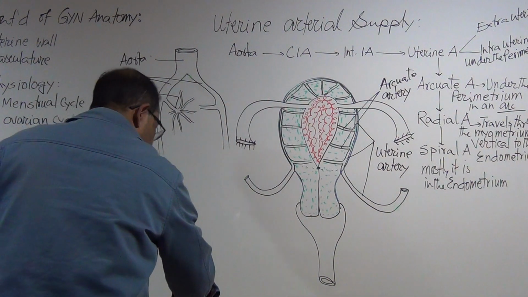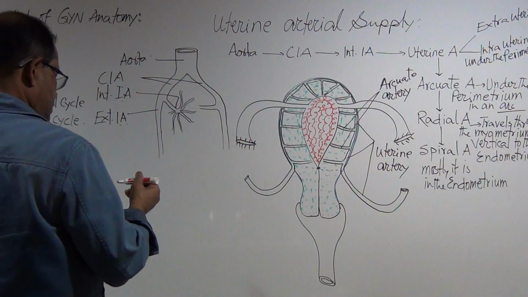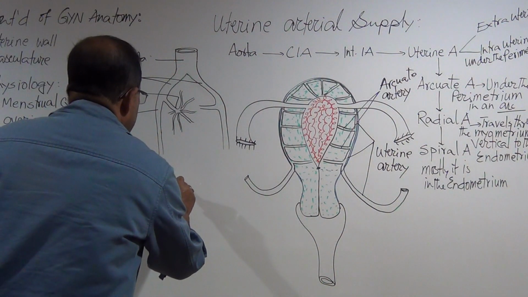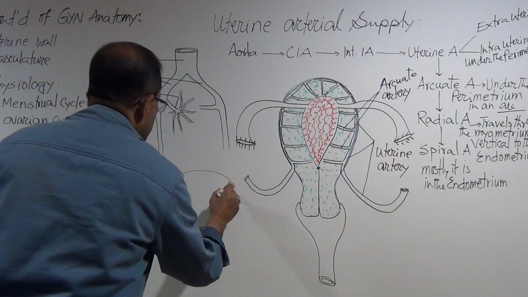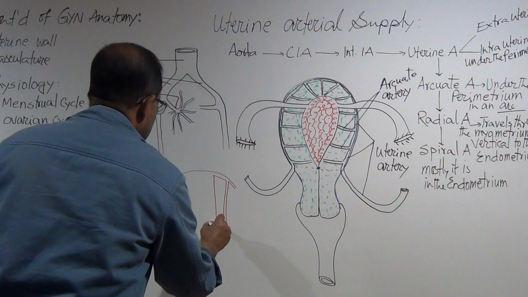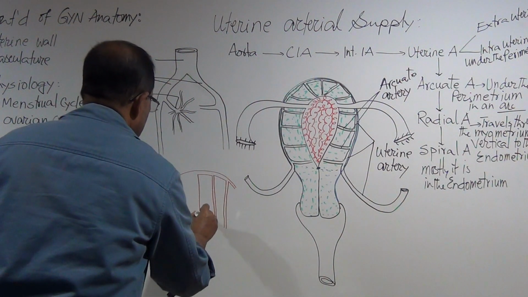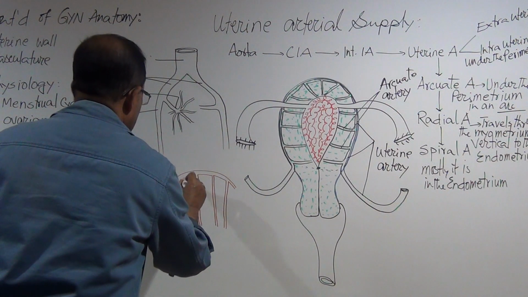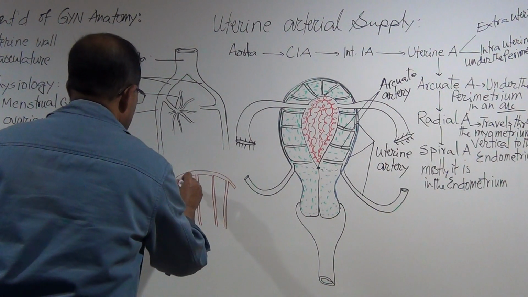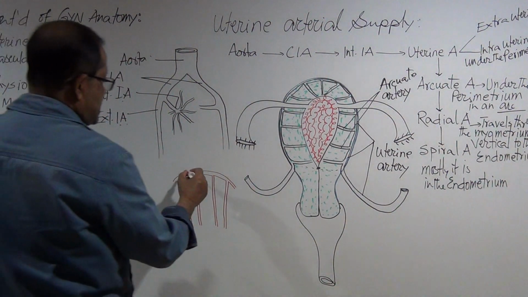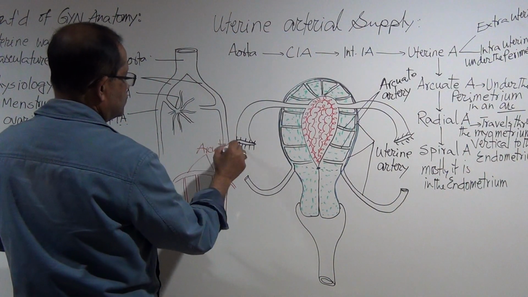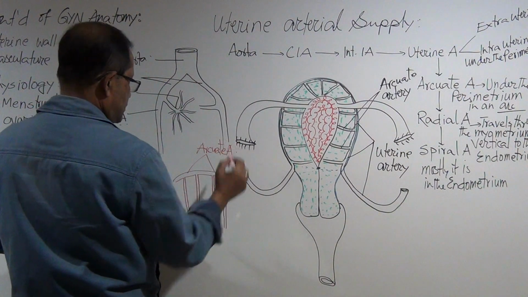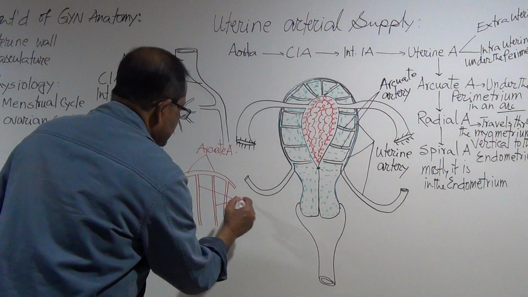So arcuate artery makes an arc like this, and from there they produce, okay, this is arcuate artery, and these are the radial artery.